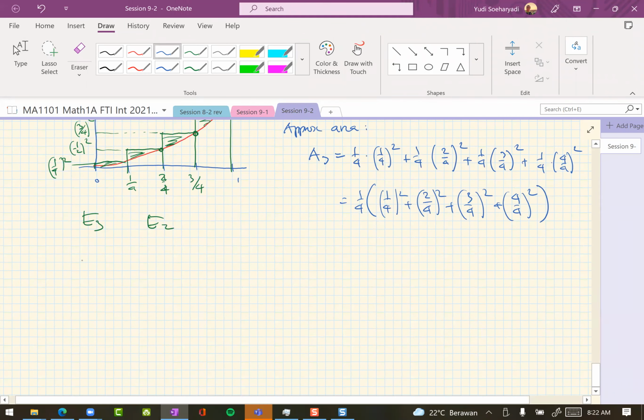Let me just get the area. All right, so E2 is this one. That's E2.